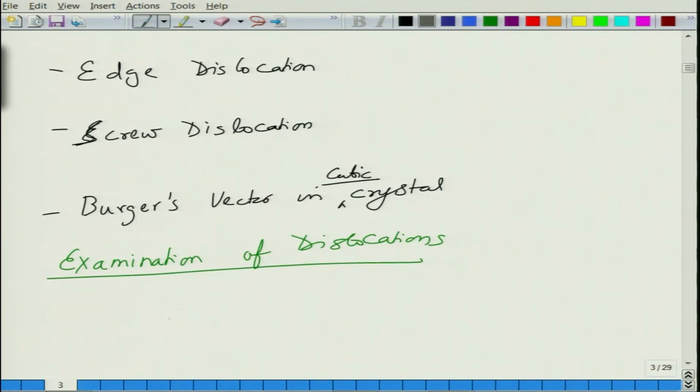You can see them by a technique called etch pitting. Essentially you use an etchant, and dislocation being a high energy or high stress area gets etched preferentially, so basically you see etch pits.